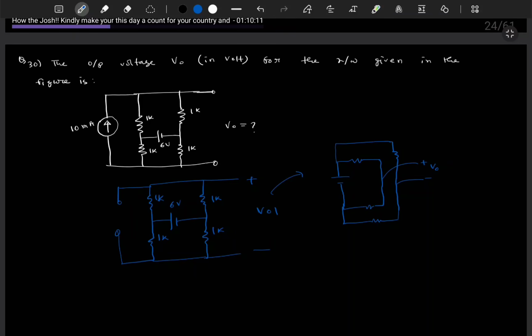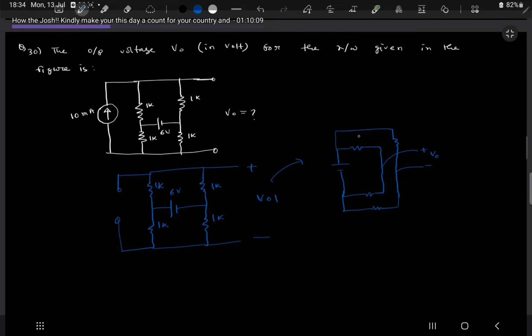Okay, 1K. So here what can be done? Output voltage.